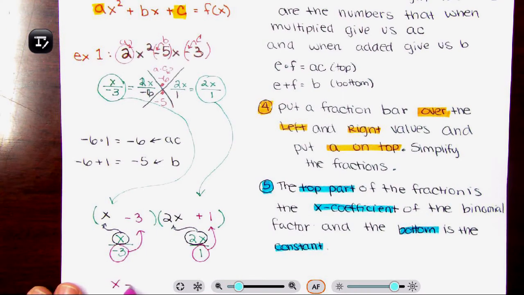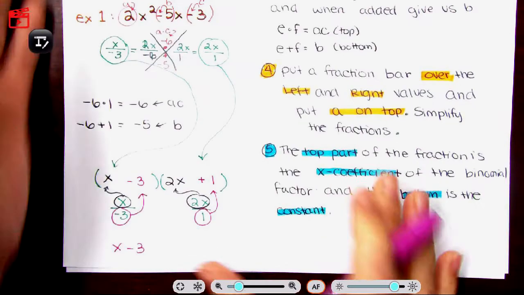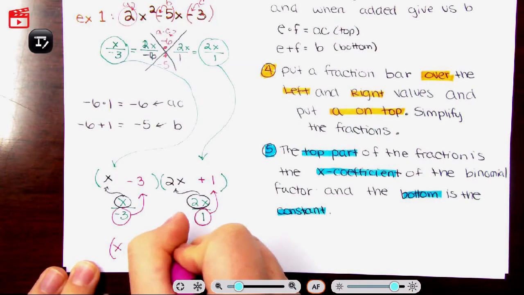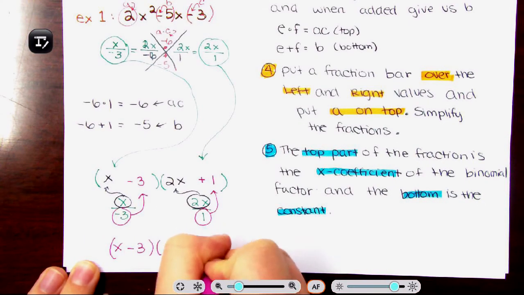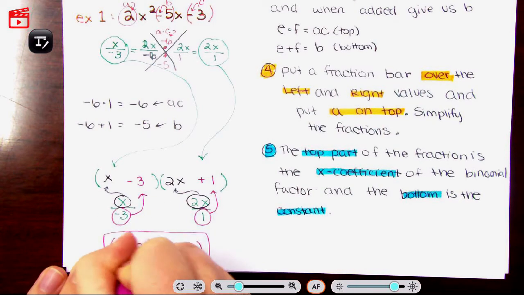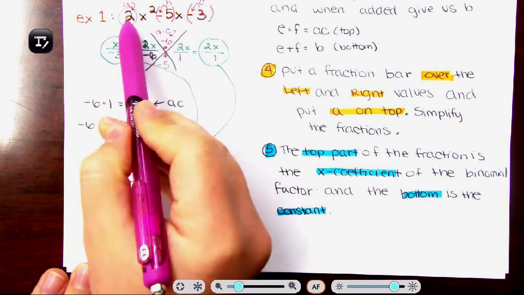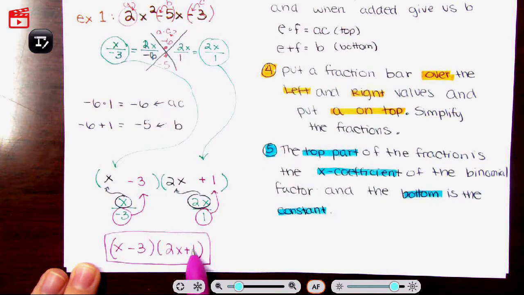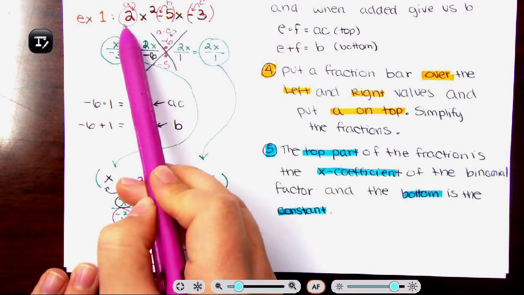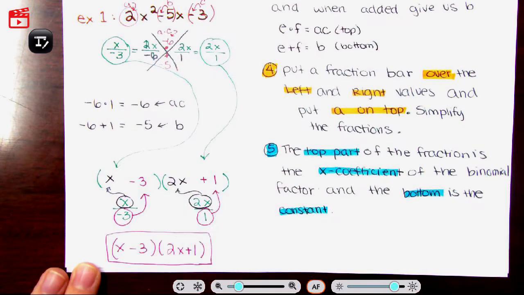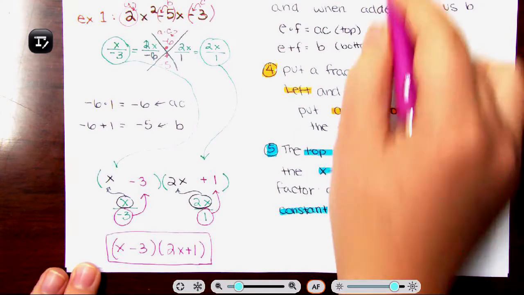So we have x minus 3 times 2x plus 1. This is your factored form, before you multiply to get the expansion. When you multiply these two, you should get this answer. We are not going to multiply, but you can multiply and check your answers. And that's how you do this method.